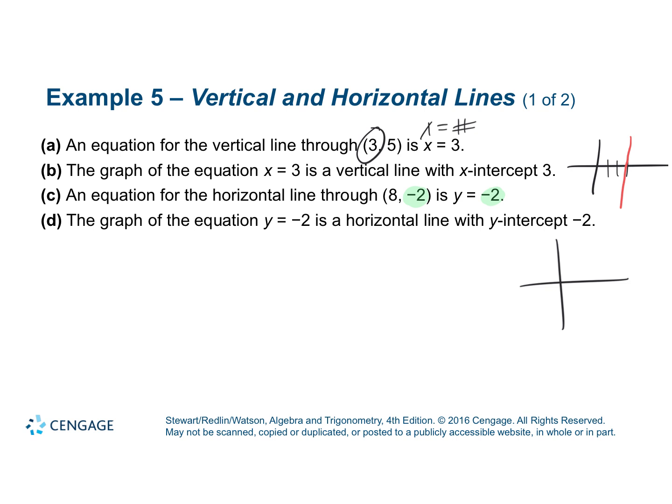So if we have this graph at -2, it would be a horizontal line right where y equals -2, because any other point we get on that graph would still be 10, -2 or 5, -2. So the y will give you the graph of this equation.